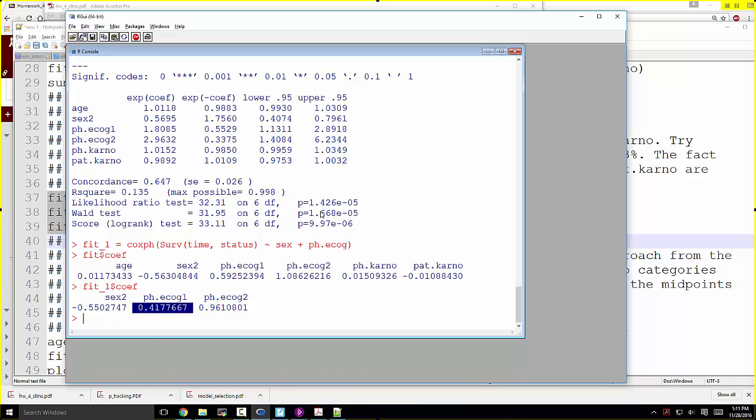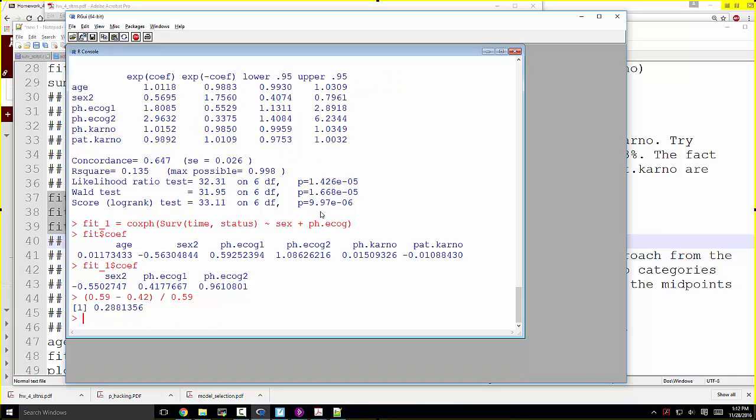Going from 0.59 down to 0.42. What difference is that? We could ask 0.59 minus 0.42, and what percentage of the 0.59 is that? The change in the pH.ecog1 coefficient is nearly 30%. So something over 20% is, I think, a reasonable rule of thumb for calling it a substantial raw difference.